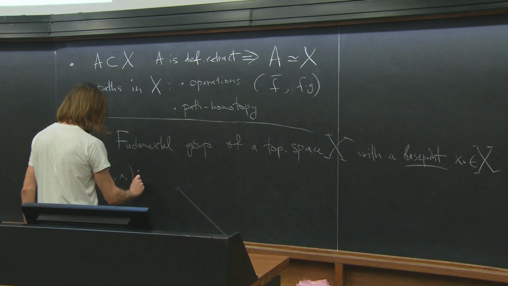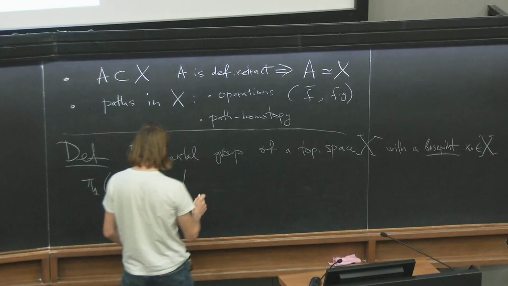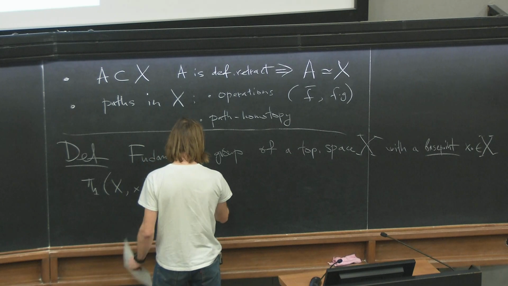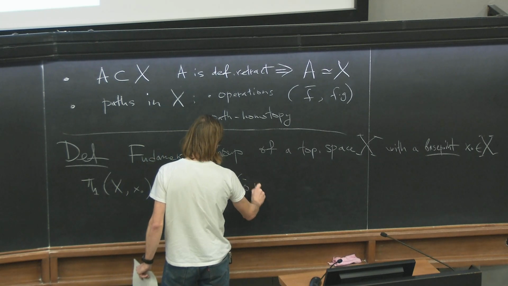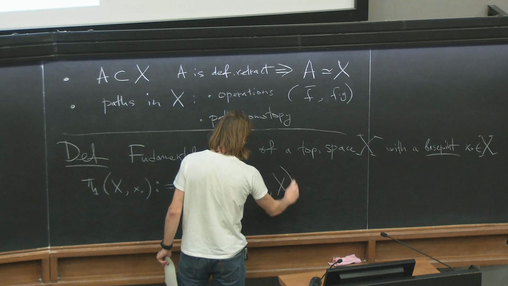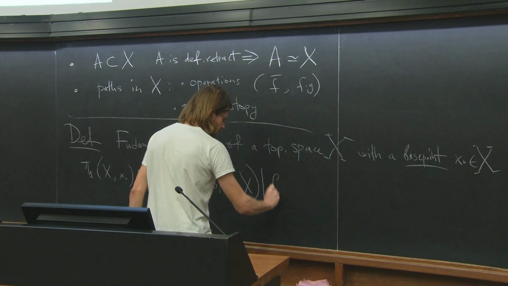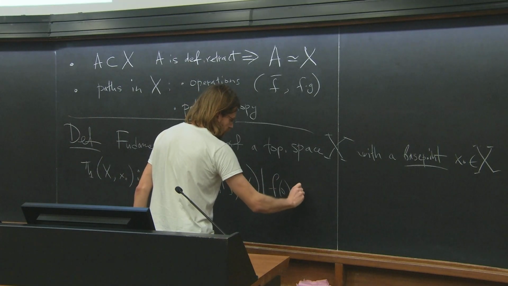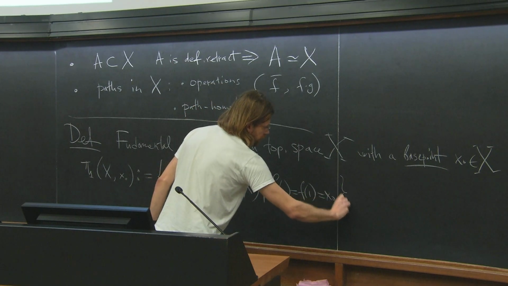As a set, it is defined as a set of equivalence classes on the space of all paths, that is, continuous maps from an interval to the topological space X, such that the initial and the terminal point coincide with the base point.